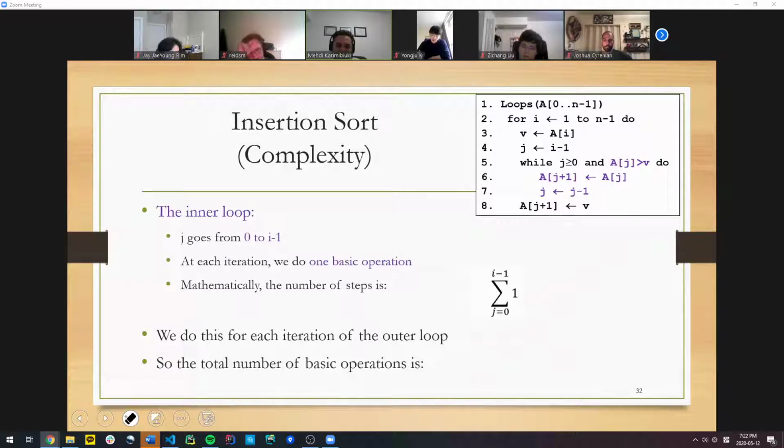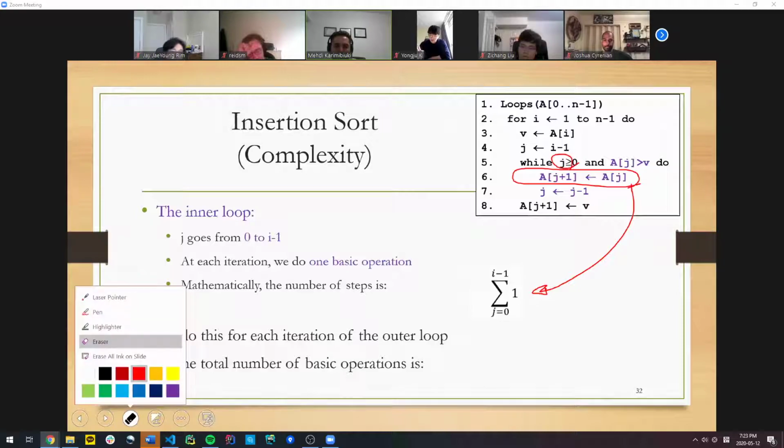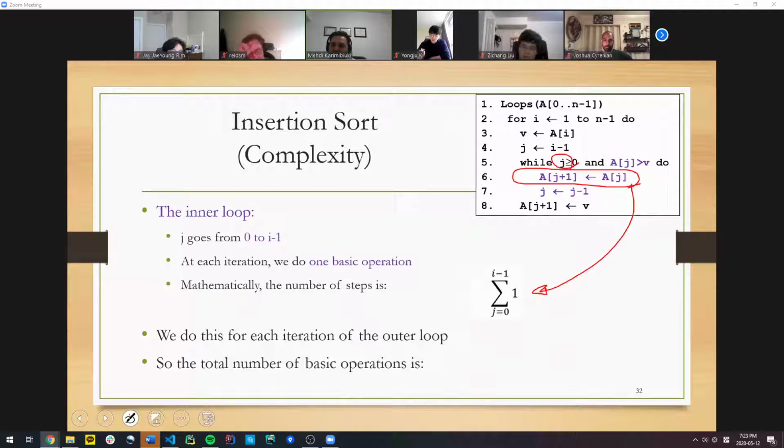So we assume this as a basic operation, so that's 1 in here, okay, and then we have the counters. The while loop is a bit tricky in here because it doesn't have a counter in it. So it has a j in that, and then the counter is here actually. So that's why j is starting from 0 and going to i minus 1.